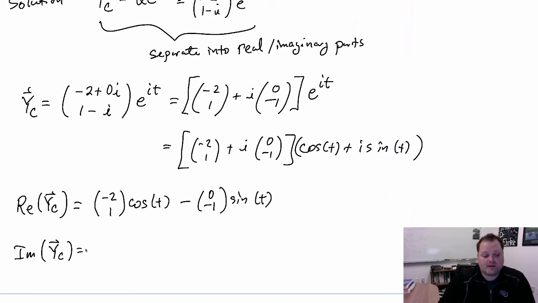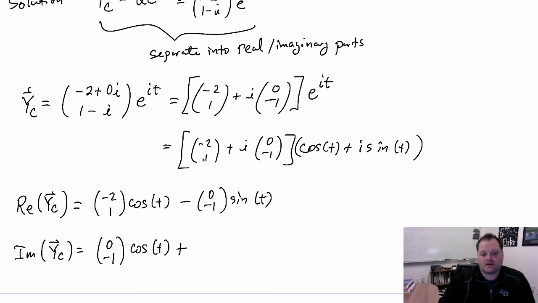Now if you look at the imaginary parts, these are the parts that are multiplied by the i. So this term times this will have an i. So this is the imaginary term. Notice I don't include the i, right? The imaginary part is the thing that's multiplied by the i, not the i itself. And then the other part, which is multiplied by an i, is the first term times the last term here.